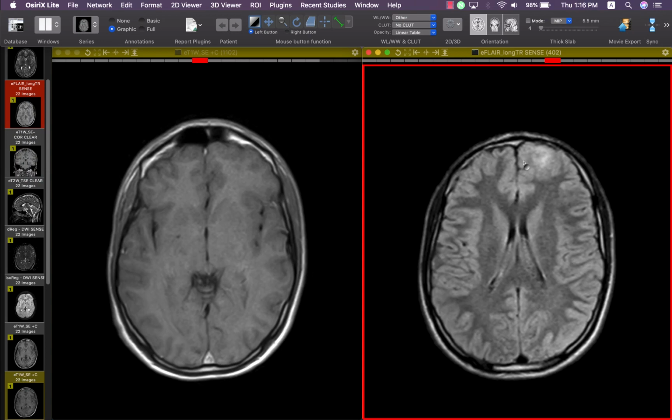So these are the main points for differentiation between low-grade glioma and focal cortical dysplasia. As I said before, the differentiation between both entities is usually difficult, but in this case we are in favor of focal cortical dysplasia rather than low-grade glioma.